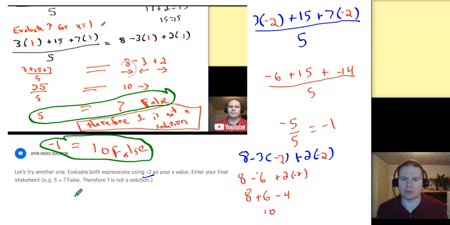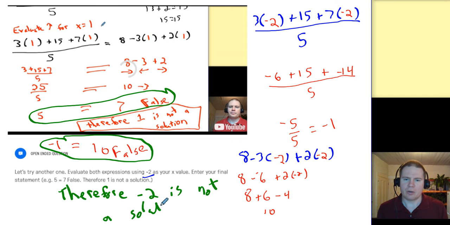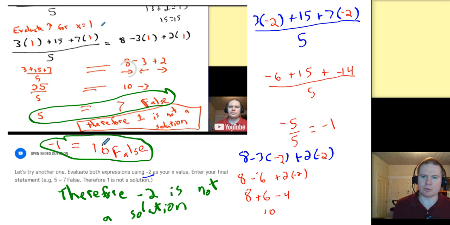So then I can say, therefore, this value is not a solution. That's what I was looking for. This statement is what I was asking you to type in. All right.